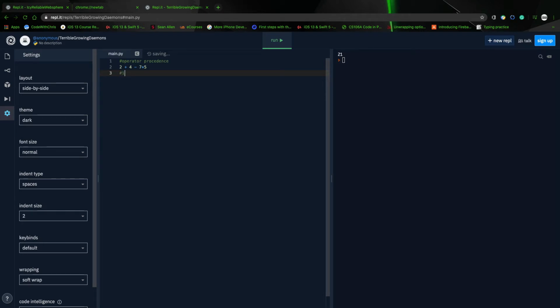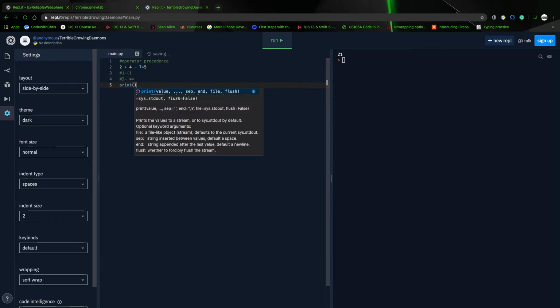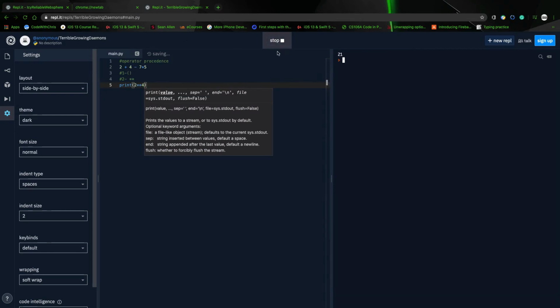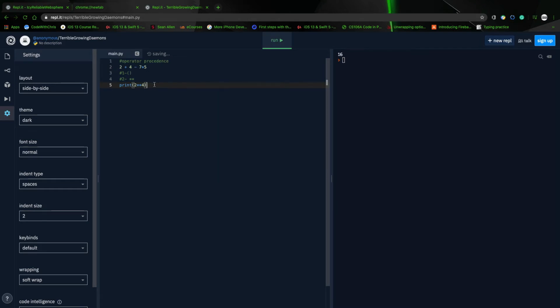So the first one is that it checks what's in the parentheses. I'm just going to go ahead and write them out, and then I'll explain with an example. The second is the power of 2. This is like saying 4 to the power of 2, which is 16. It's like saying 4 squared, but in Python you use a double asterisk.